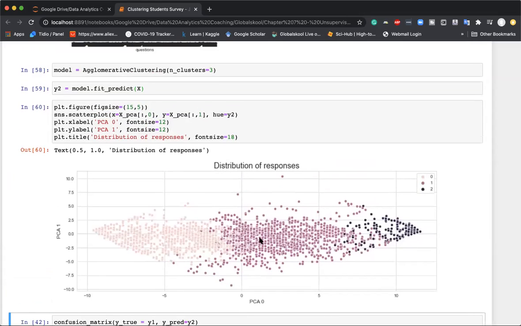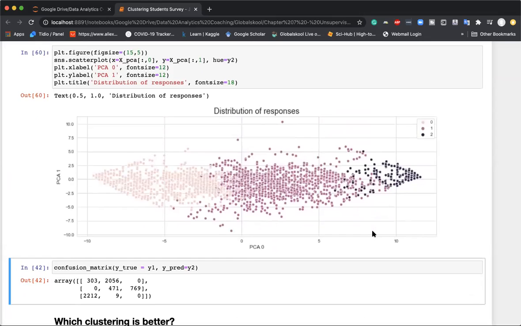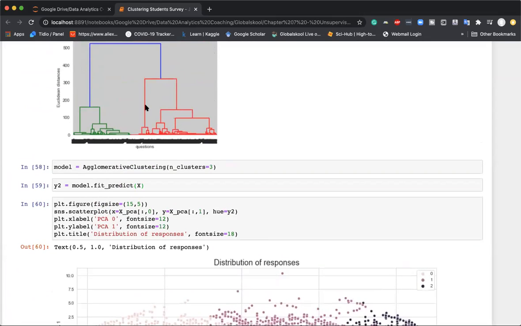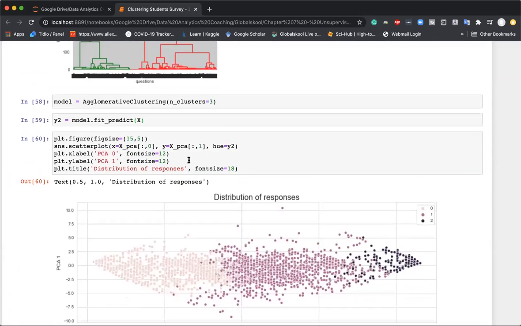We see that there's a lot of overlap between data points. That is, we don't have a neat cut. We see some mixture here and here, and for this cluster, we have very few points, which was actually expected. In this cluster, you would have fewer data points, and that is what we have from agglomerative clustering.